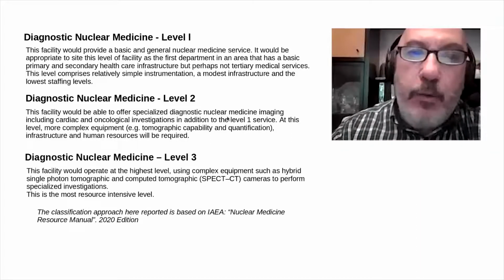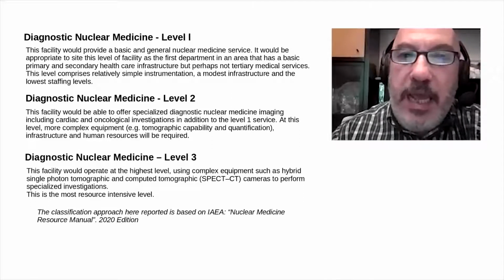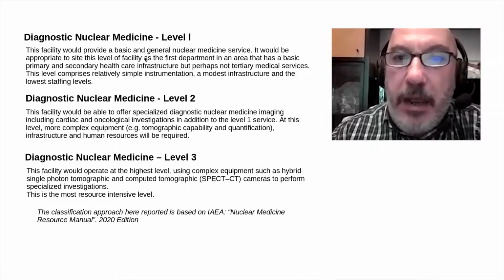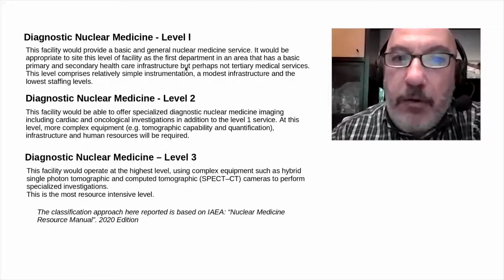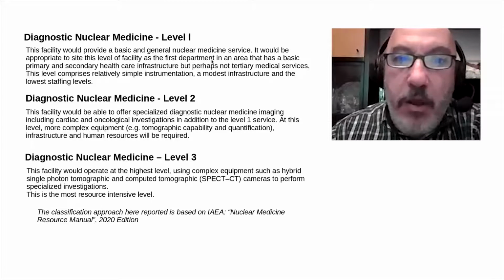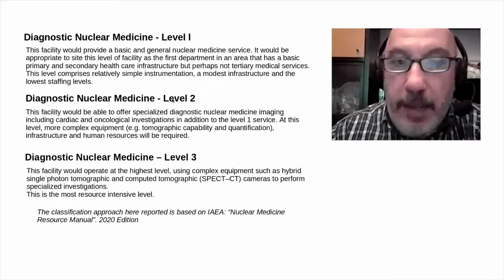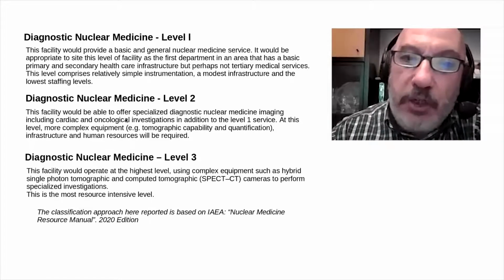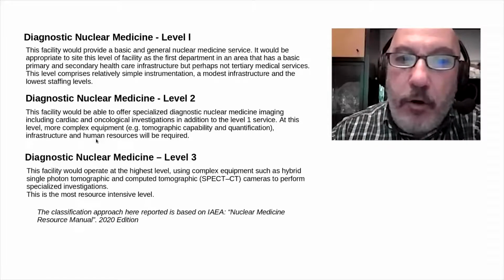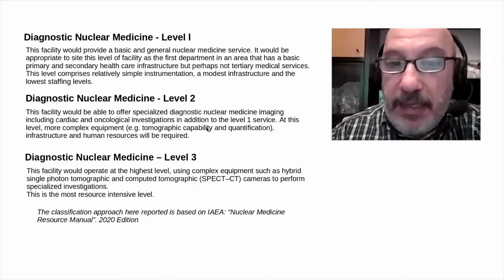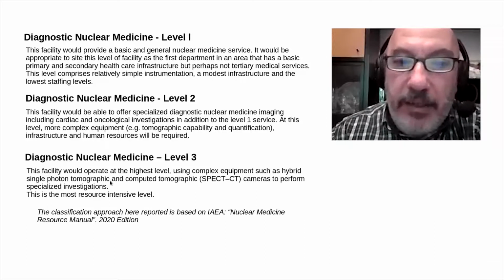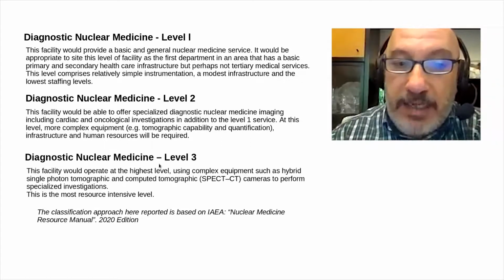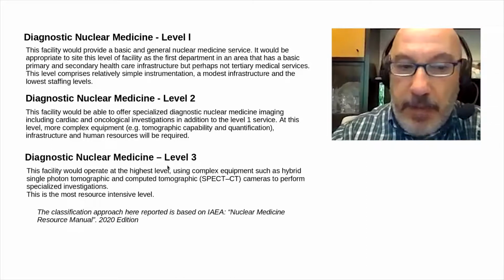At level 1, we have a relatively simple department like the one that can be encountered in a first or second level medical facility, while at level 2, we will have a structure that starts to have complex equipment, like for example a SPECT camera. And at level 3, we will have a complex department with more than one scanner, including SPECT-CT and PET-CT.